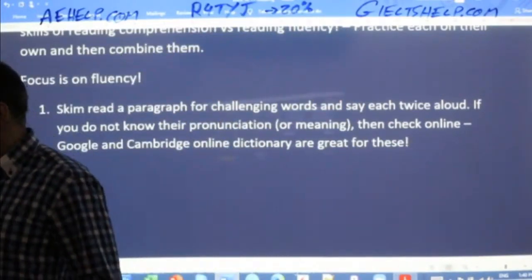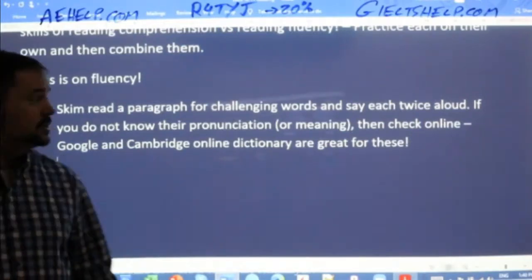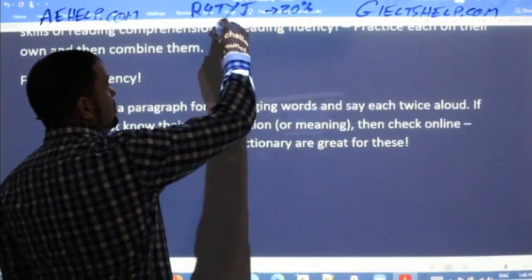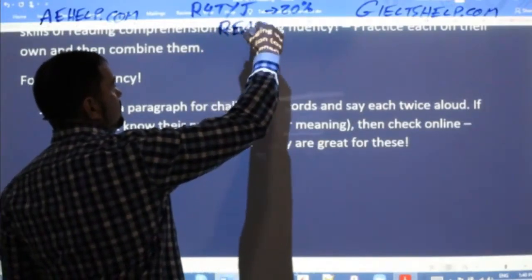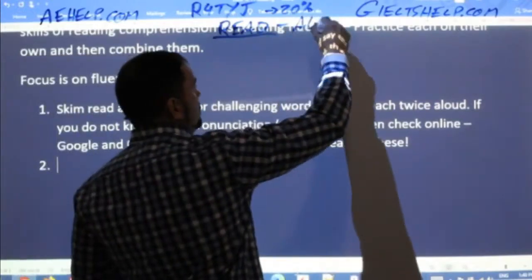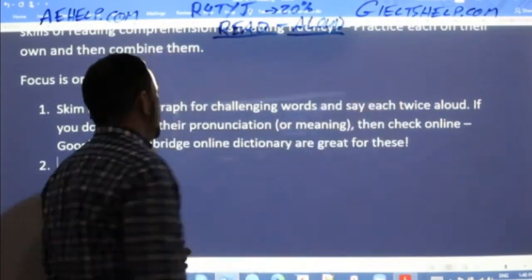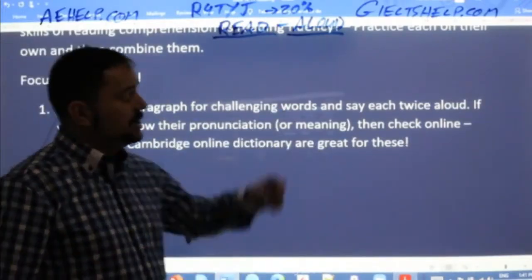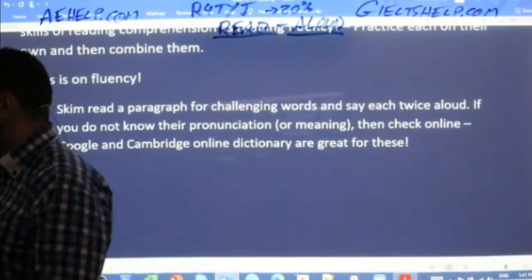All right, so we're going to do that right now, this step one. So again, step one, this is reading. So it's very important that you read with me and you practice with me, okay? And read aloud. You have to use your aloud reading today, okay? And we're going to skim read the paragraph for challenging words. We're going to say each one twice.